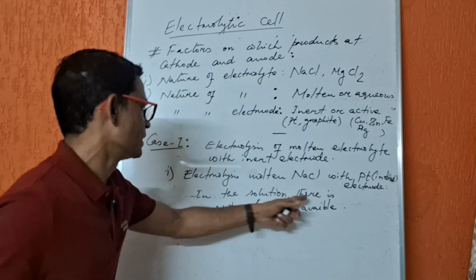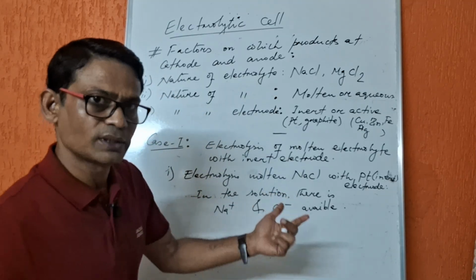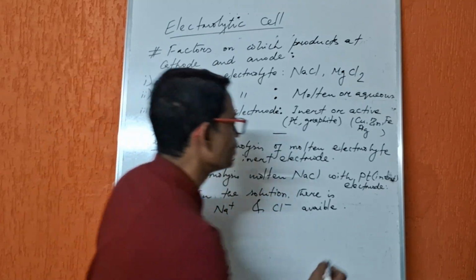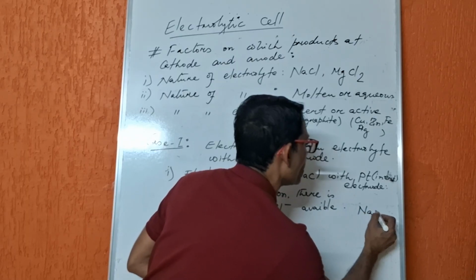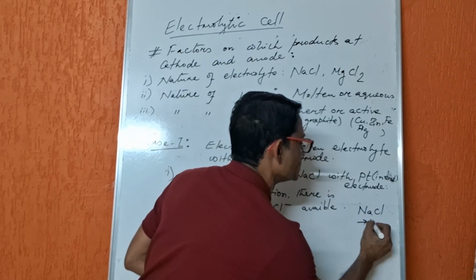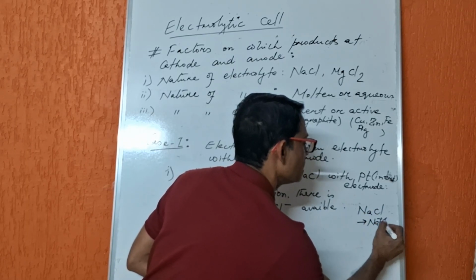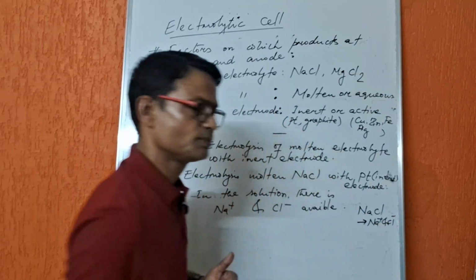In the solution, we have taken the sodium chloride as molten form, that means Na plus and Cl minus.